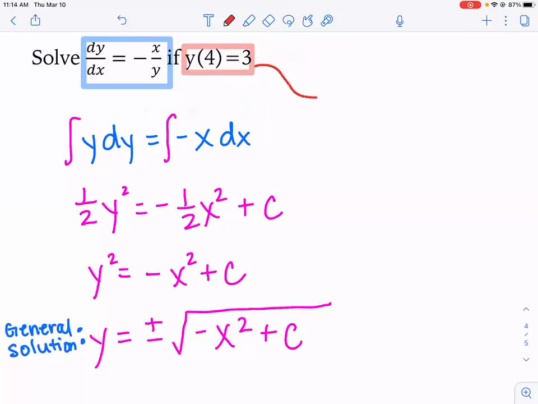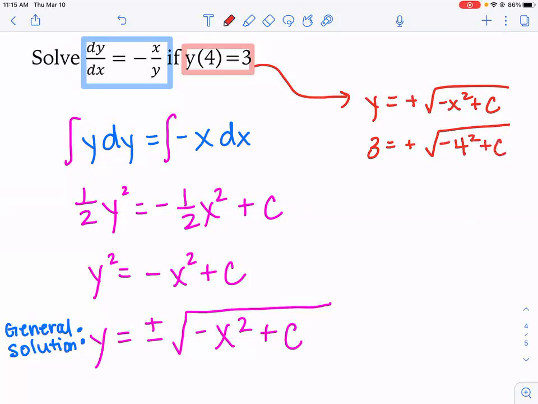So we're going to take this and we're going to say y equals the positive square root of negative x squared plus c. So I'm going to plug 3 in for y and 4 in for x. This doesn't look like a 3.